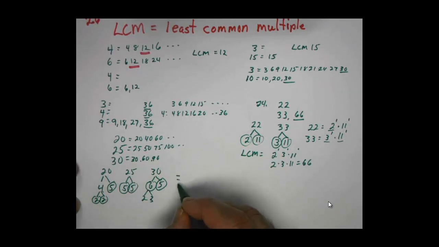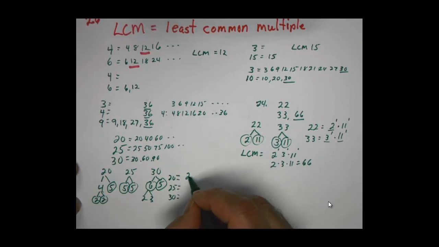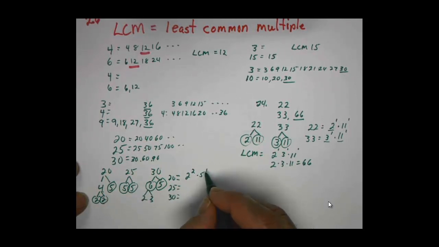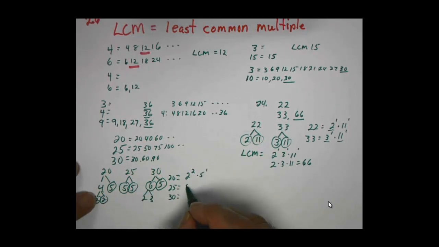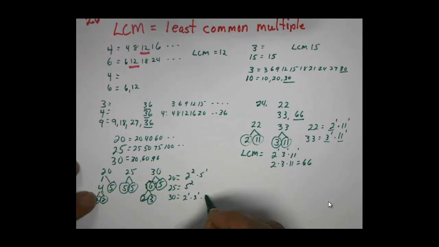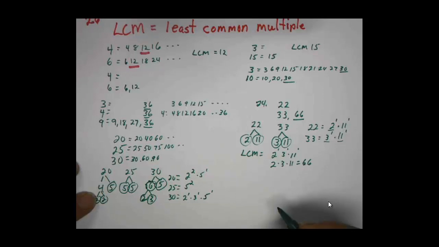So when we write these out, we have 2 squared times 5 to the first. Here I have 5 squared, and here I have 2, 3, should probably circle those, huh? Otherwise circle the 6, times 5 to the first.